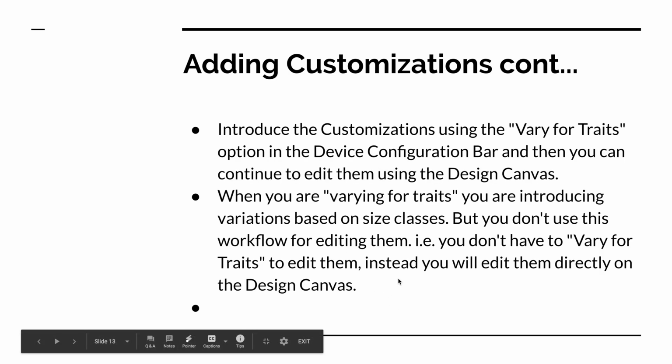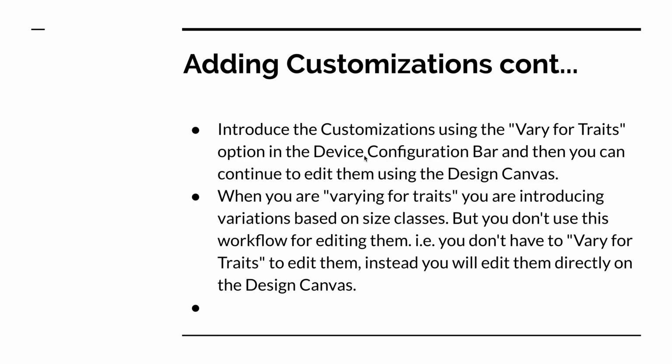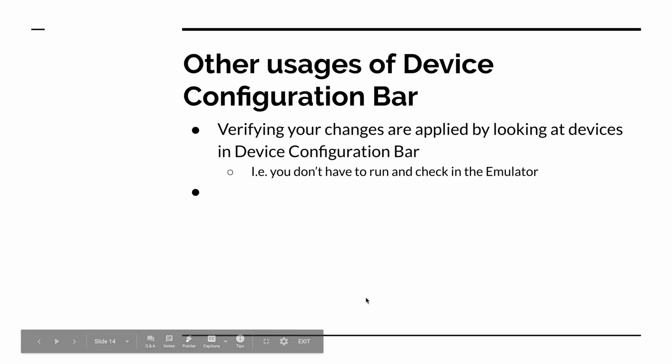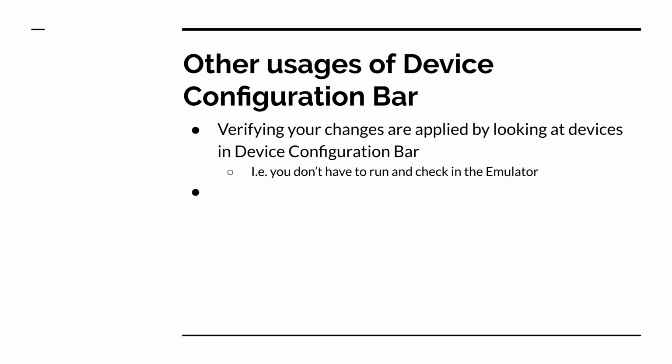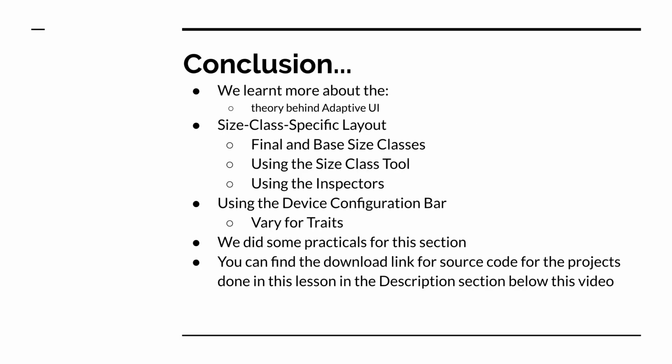You use vary for traits to introduce new constraints, and then if you want to edit them, you don't have to go for vary for traits, you don't have to go for the blue color bar, you can just do it in the design canvas. And for other usages, you can have pixel perfect rendering by selecting the devices in the device configuration bar.